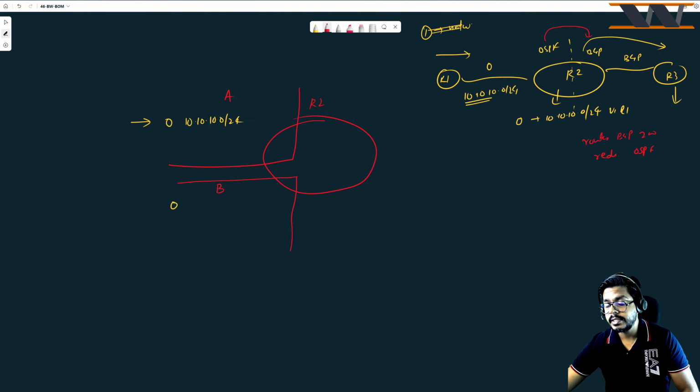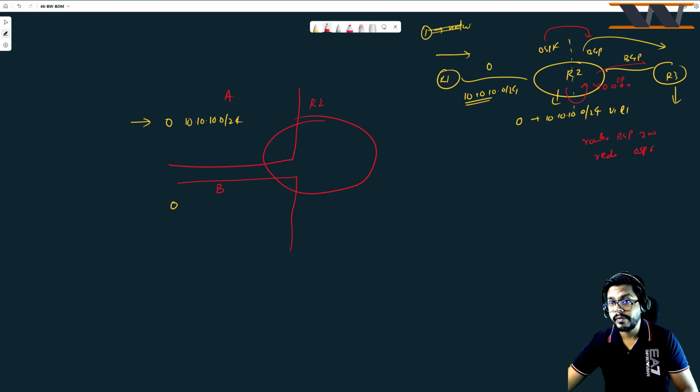As soon as I do that, this route from the OSPF will come into the BGP routing table, with next hop 0.0.0.0, which means this is the router redistributing this route, and now R3 is going to get this route, right? It is as simple as that. This is the normal thing.